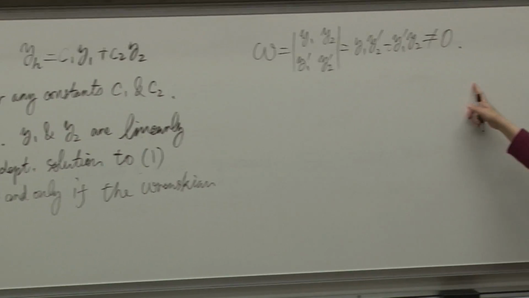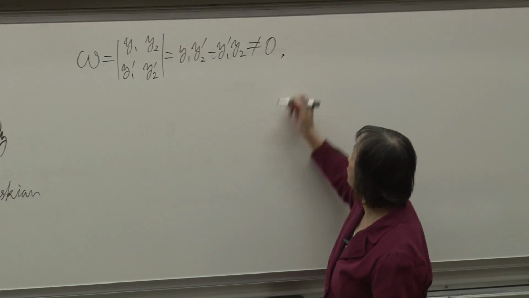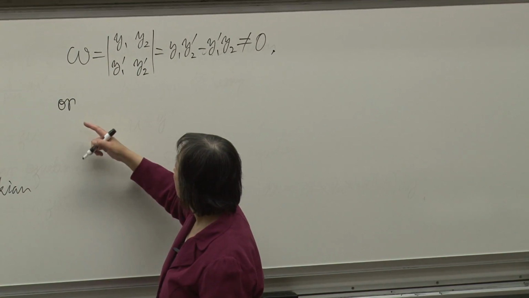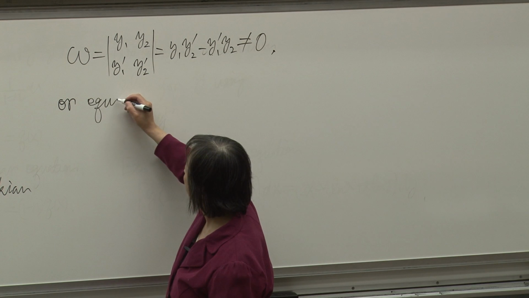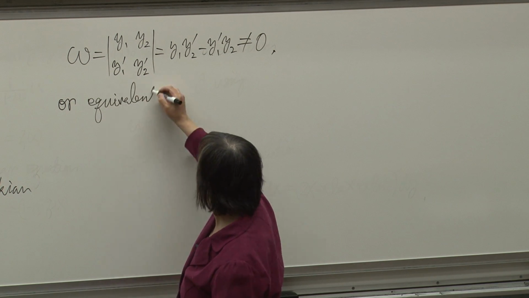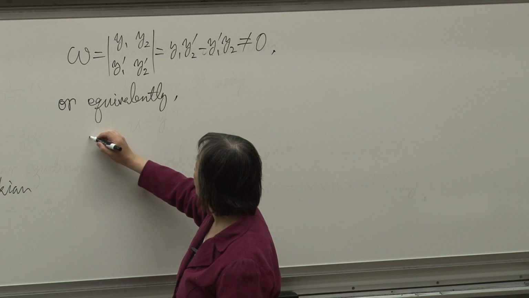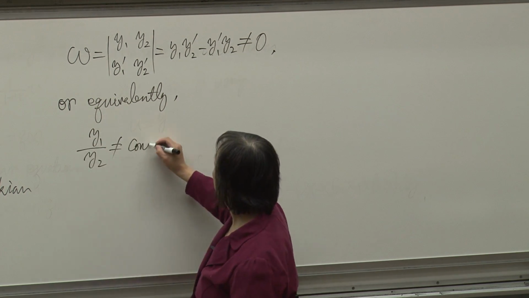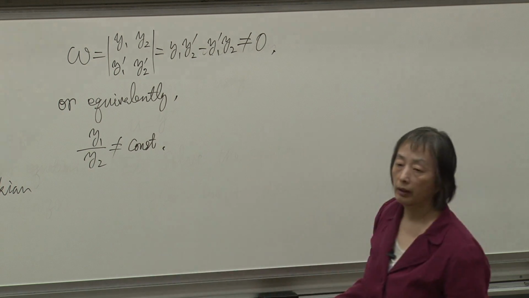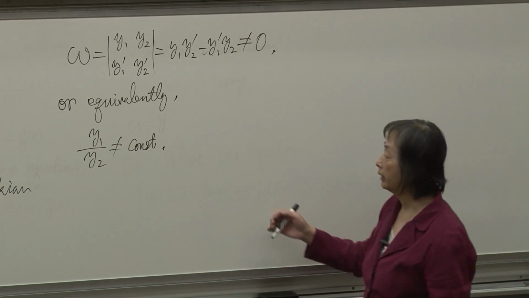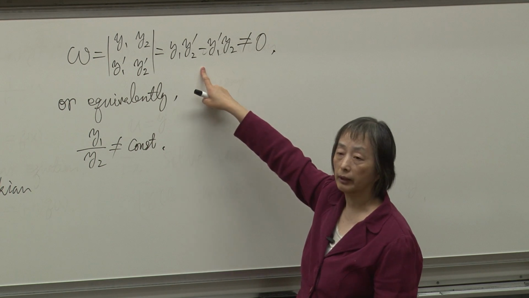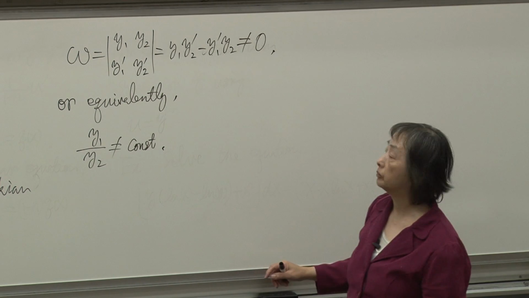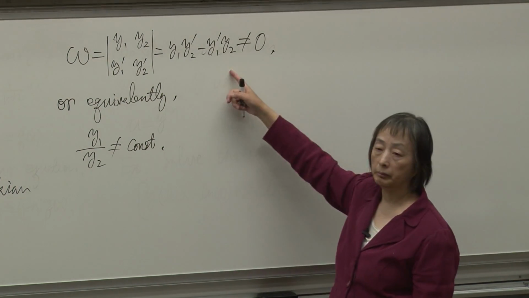This is a criterion for two solutions to be linearly independent, or equivalently, y1 over y2 is not a constant. The second criterion is actually equivalent to the first one. The second one is easier to check, but if they ask us to use the Wronskian, then we need to remember the definition.